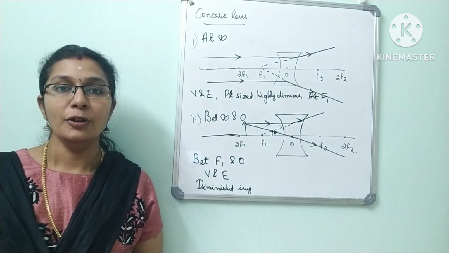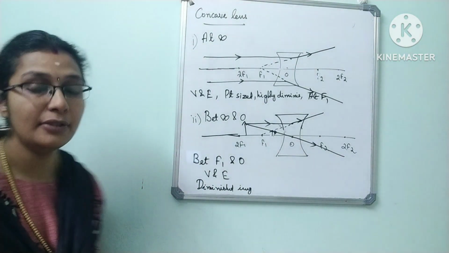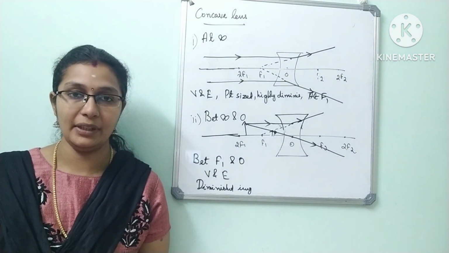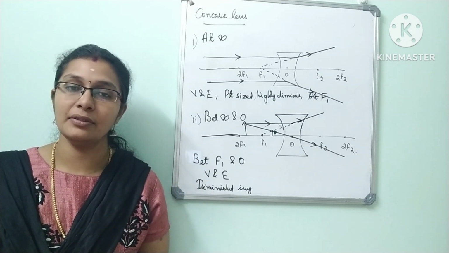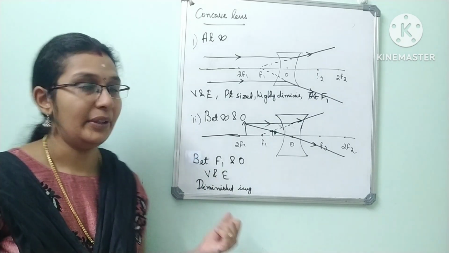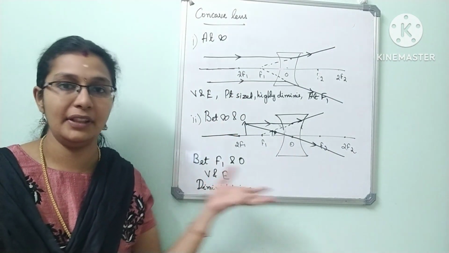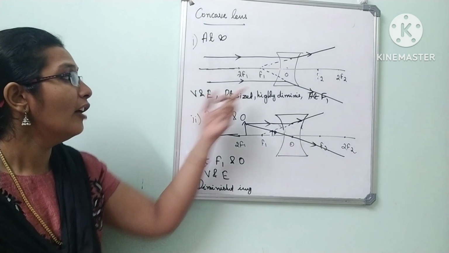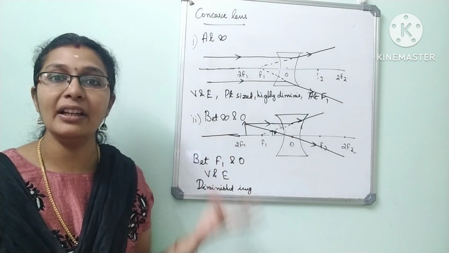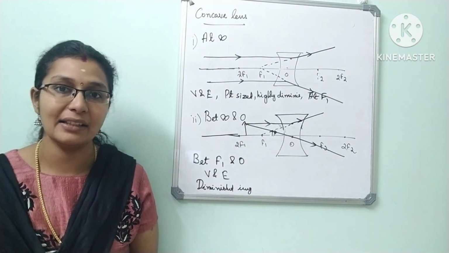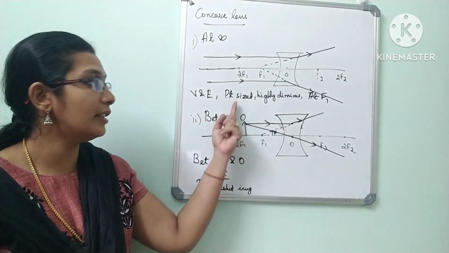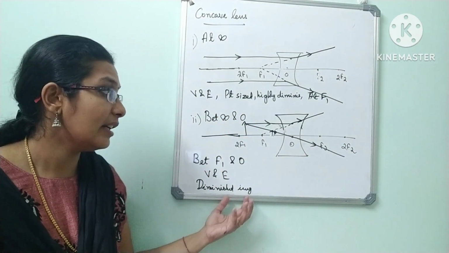So these are the two cases for the concave lens, which is quite similar to that of the convex mirror, and the convex lens, which is quite similar to that of the concave mirror. Clear? So two positions only: at infinity and somewhere between infinity and O. Both the cases are virtual and erect as well as diminished. Here it is point size and highly diminished.